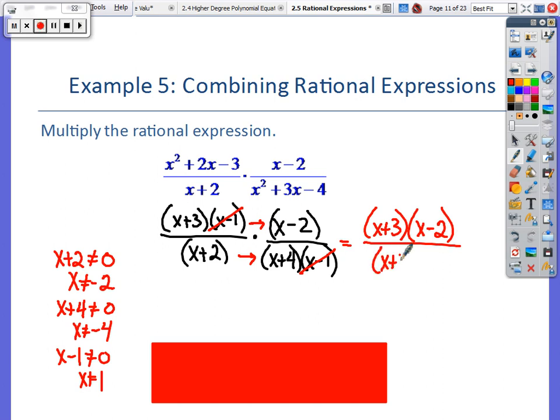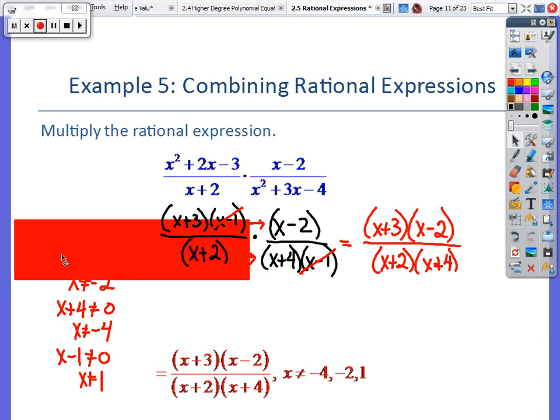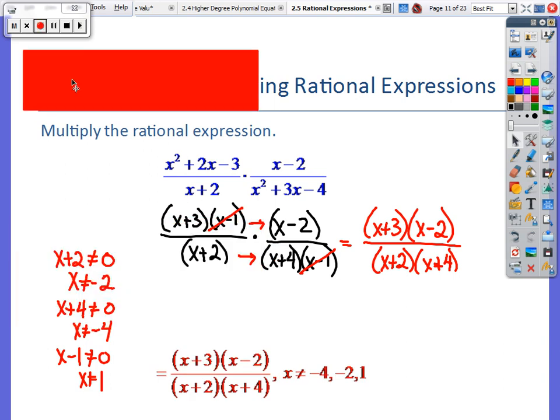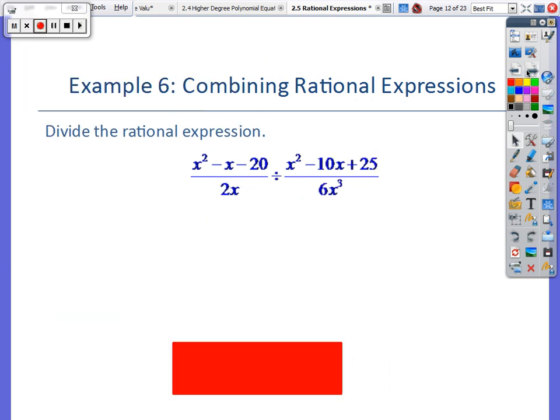You can just leave it as bubbles and that would be perfectly fine. A lot of times simplification means get rid of bubbles, but we're going to be okay with leaving it like that. There are no factors on top and bottom. And so what you get, and you can see the answer down here, is going to be the same as what we have: x plus 3, x minus 2, x plus 2, x plus 4, and your three undefined values listed out to the right. So pretty nice stuff. That's a little bit easier to handle than addition and subtraction.